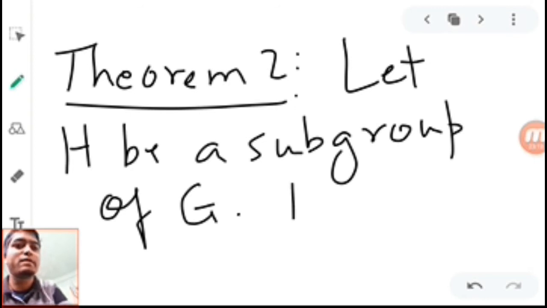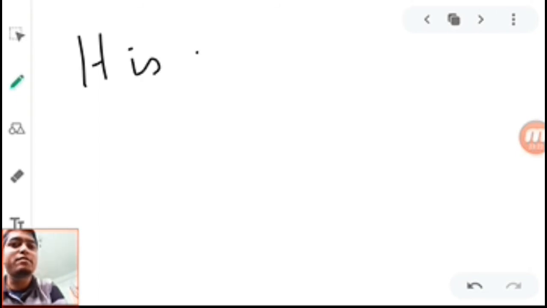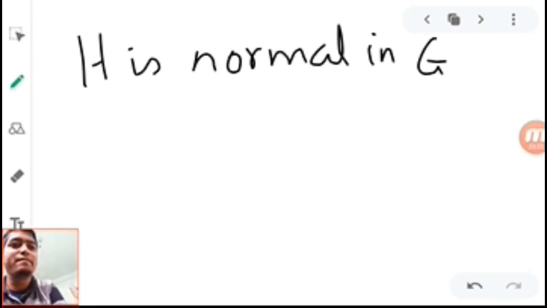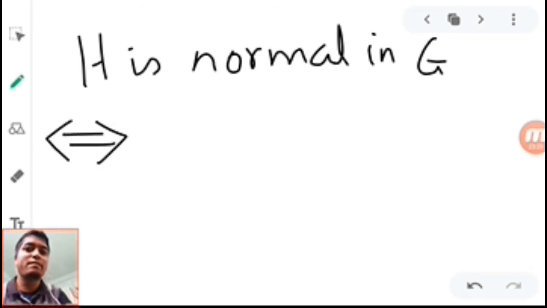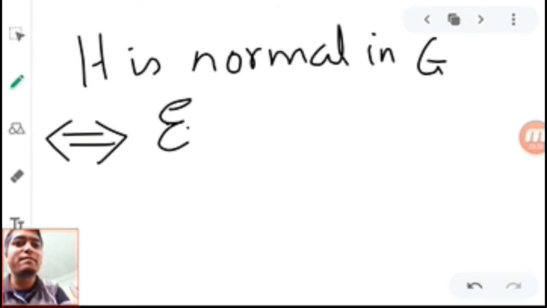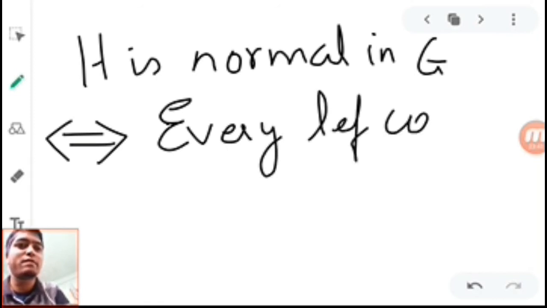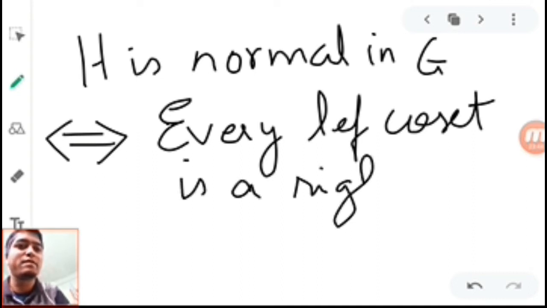then H is normal in G if and only if every left coset is a right coset.